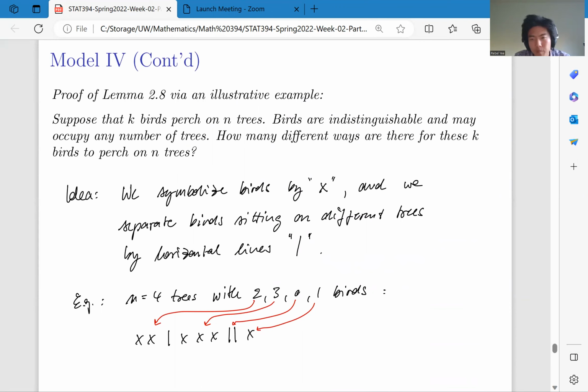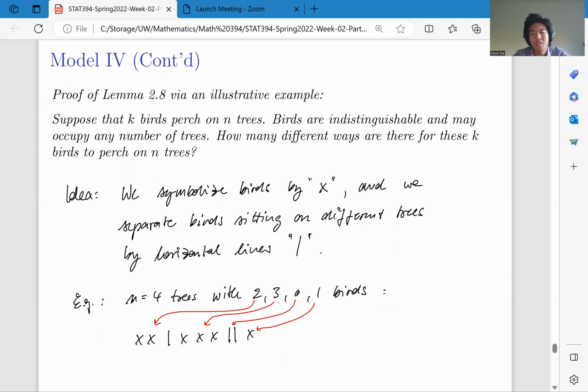So what does it mean that birds may occupy any number of trees? It doesn't mean one bird can occupy any number of trees, like a huge bird occupying the whole forest. But the first time I saw this question, I thought about it that way too.